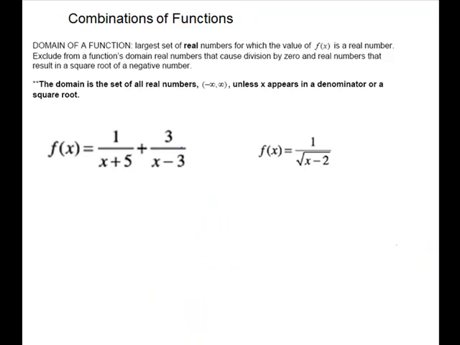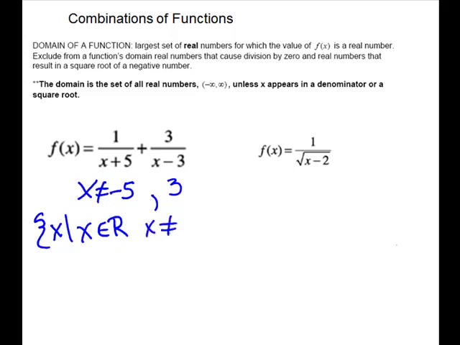For this first problem we have here, we just have to check the denominators. So x cannot be negative 5, and x cannot be 3. So we're going to throw those out. You can either do set builder notation, x such that x is an element of the reals, and x is not equal to, we could do these both in the same condition, negative 5 and 3.